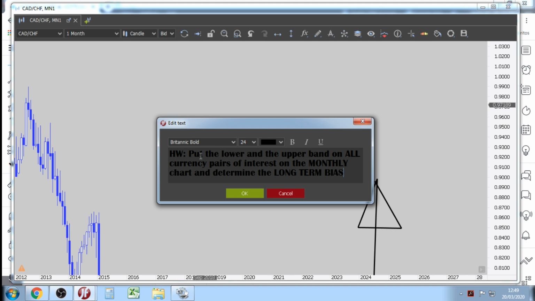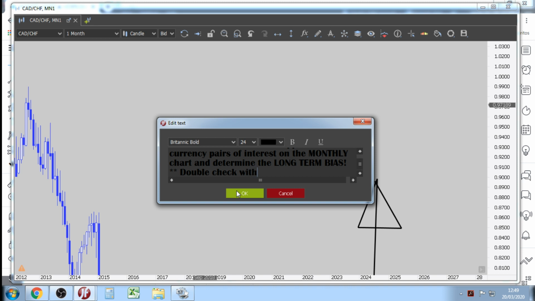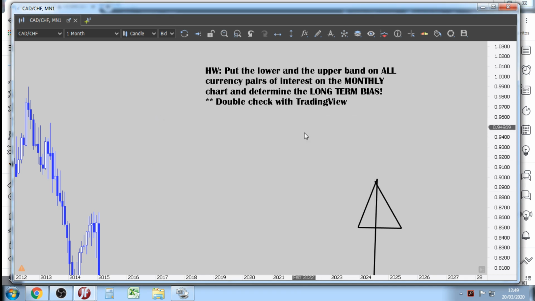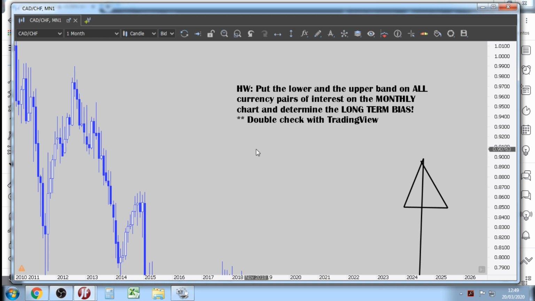What is the bias? Direction. Oh, and one more: star, double check with TradingView or other software. I don't know, could be TradingView, could be Smart Trader, could be Ninja Trader. You have different charting softwares.